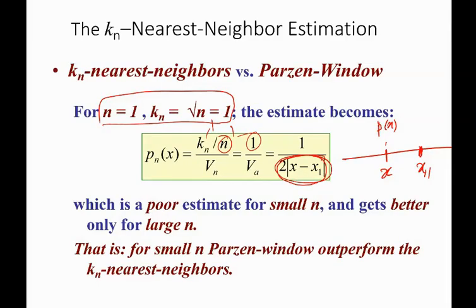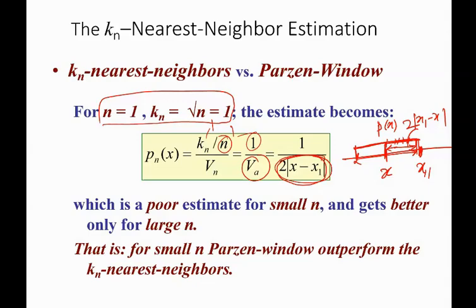To accommodate this point, I need to have this size window, and the total length is twice this length, and this length is x1 minus x. So if I take the mod of this and multiply by 2, then this will be the total length. So the volume v is twice the mod of x minus x1.